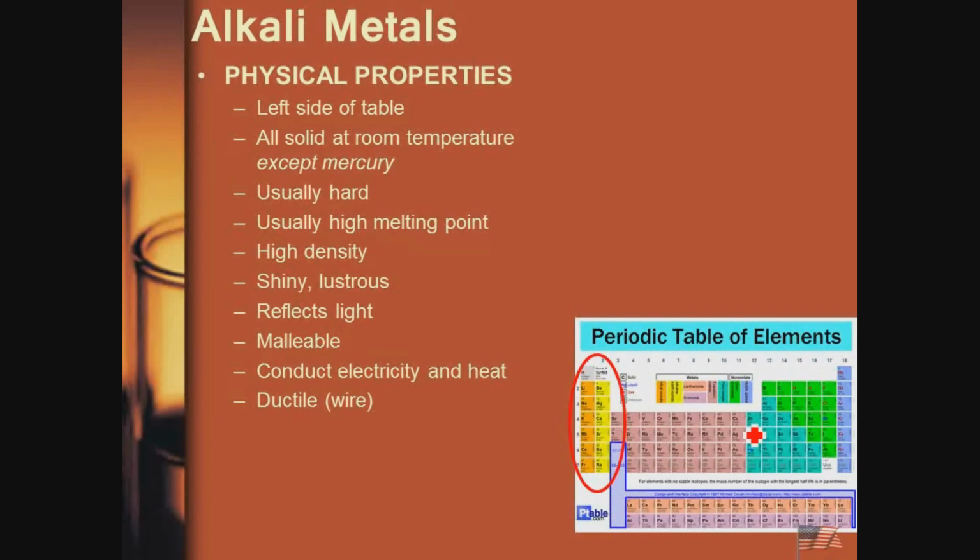Taking a look at the ones in the first two columns, the alkali metals, probably the most important thing that you would need to know from these is that they conduct electricity and heat very well. So they're used as conducting agents.